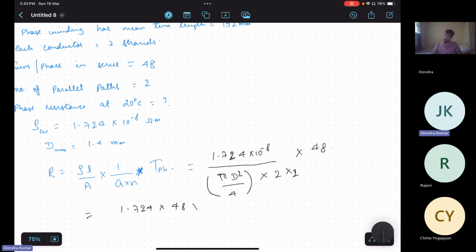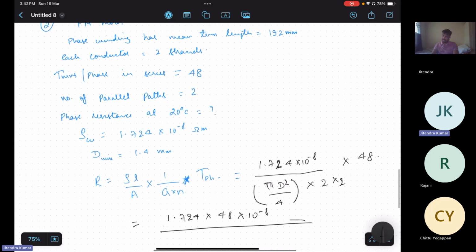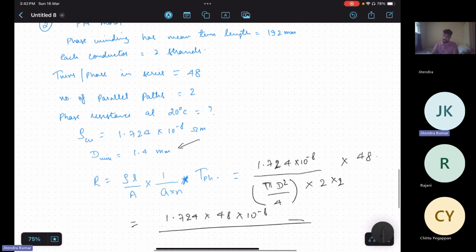Sir, for area, can I use pi r square? Yeah, pi d square by 4 means r. Yeah, go ahead. I used pi r square, is that okay? Will the values change? That is okay, you just have to consider it in r. The 1.4 mm diameter, you have to divide by 2 to make it radius, and then you can use pi r square.